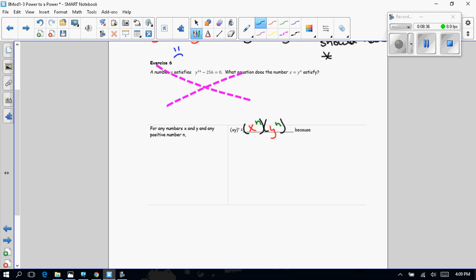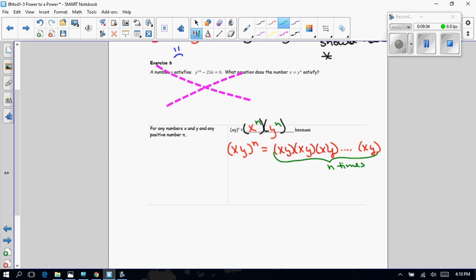Here, let me show you why this works, okay? So x, y to the n power, right? That's the same as xy times xy times xy, right? All kinds of times, xy. I don't know how many times, we'll call it n times. Whatever that number is. Could be 2, could be 17 million, right?